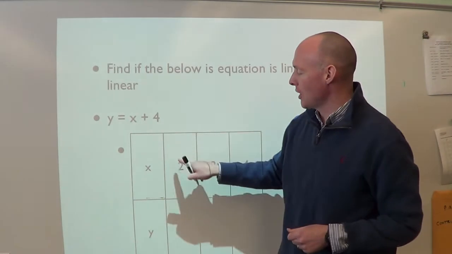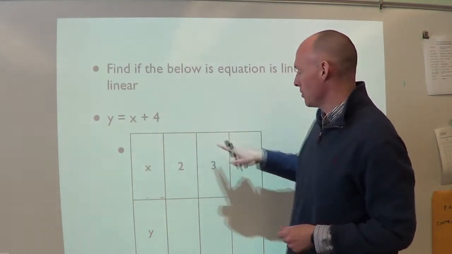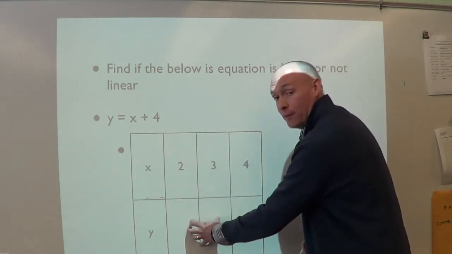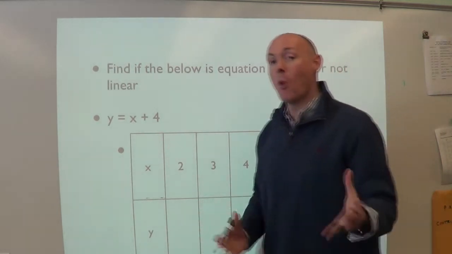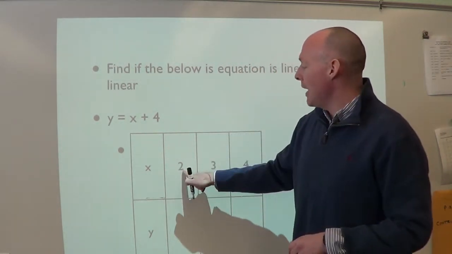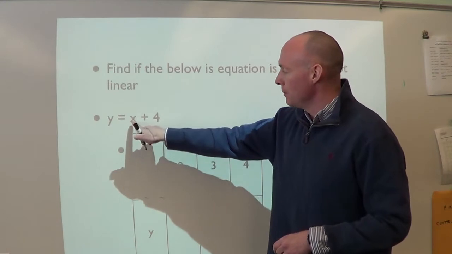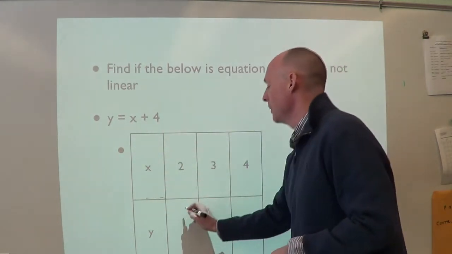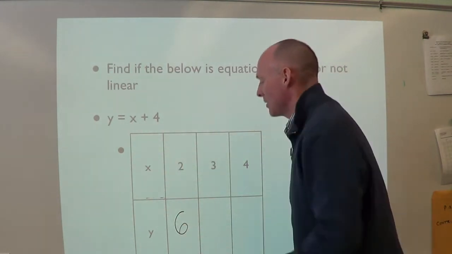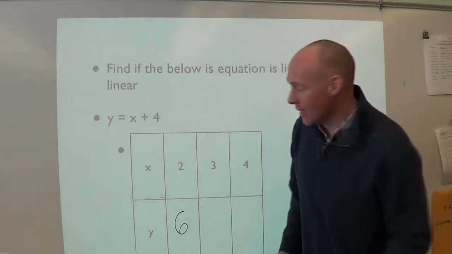So what I want to do is substitute each of my x values to figure out what my corresponding y value will be. So if x equals 2, it would be 2 plus 4, which is 6, which means y equals 6.